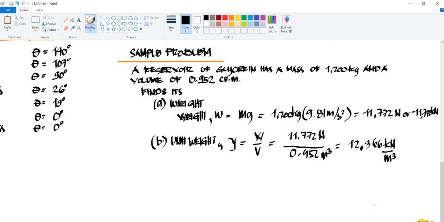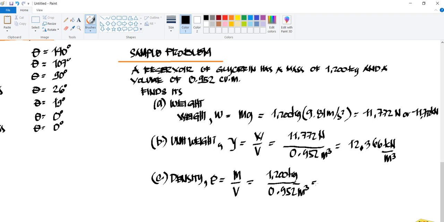Then next, for the density, the symbol rho is equal to your mass over the volume, where our mass is 1,200 kilograms, divided by 0.952 cubic meter.